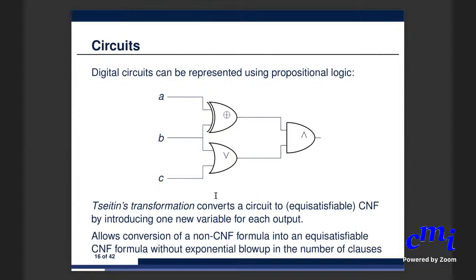But there is a technique to transform such Boolean formulas that use other Boolean connectives by adding new variables to denote the intermediate output of the Boolean functions, such that the resulting formula is satisfiable every time the original formula is satisfiable. That's what equisatisfiable means, and without causing an exponential blow up in the number of clauses.